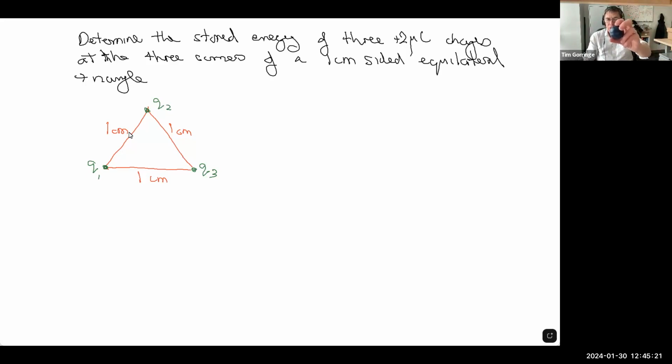What is the energy cost to me in bringing up the first charge? And then bringing up the second charge, asking the question, how much work do I do? What is the energy cost to me of bringing up the second charge? And then the total energy cost, the total amount of energy stored, will be the sum of the two amounts of work that I had to do in bringing up the two charges.